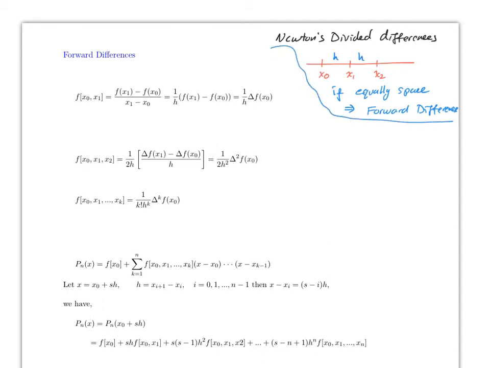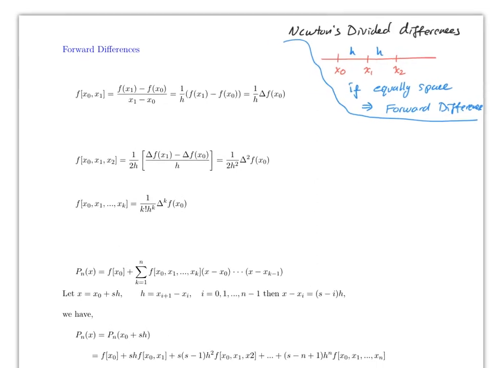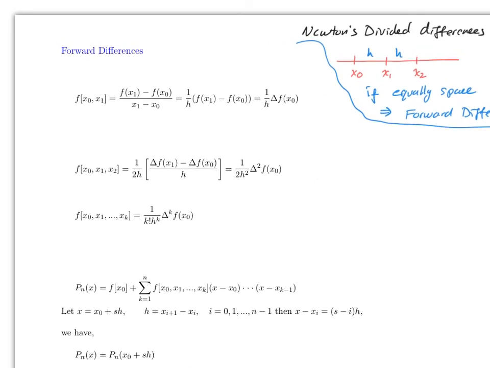So let's look at the connection between what we had before and what we have now. By definition, the first divided difference, remember, was equal to this. Now, if the distance between x0 and x1 is equal to h, then x1 minus x0 will give you just h.